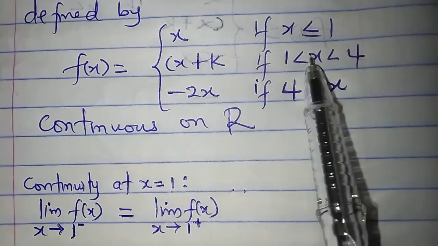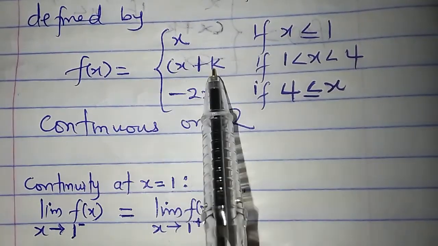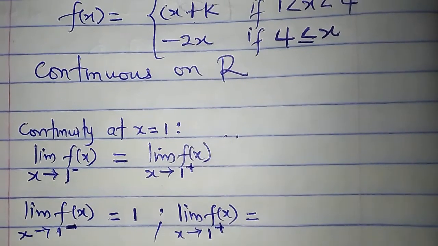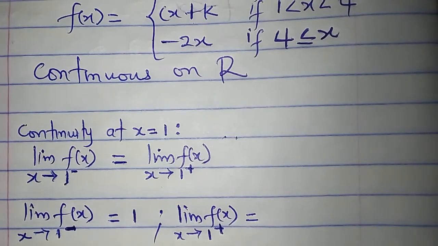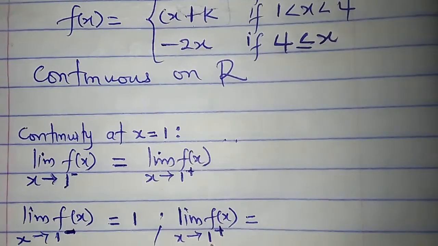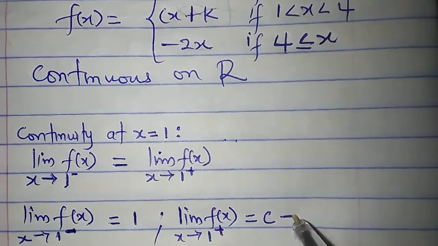So this is where x is greater than 1. That means I'll use this function to determine the limit as x approaches 1 from the right. So the limit as x approaches 1 from the right will be, in place of x here, I'm writing 1. That will be c times 1, which is c plus what?